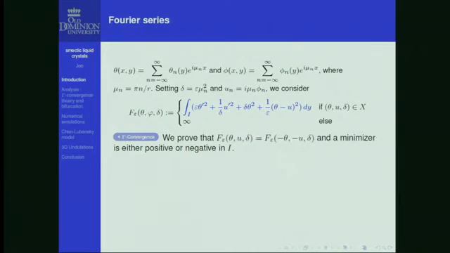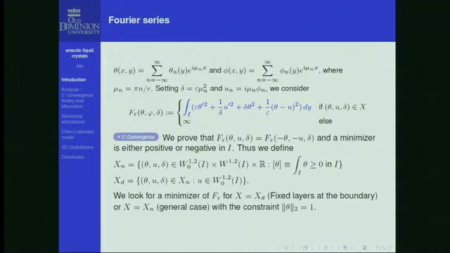With this one-dimensional energy, once you understand the minimizer of the one-dimensional energy, then we can use it to do the bifurcation analysis. So first we prove that, of course, this is invariant under the sign change. And then we prove that this minimizer doesn't change sign, either positive or negative, on the interval.